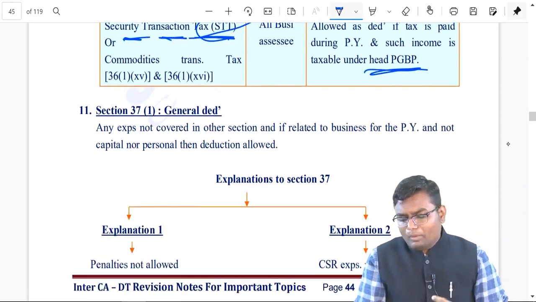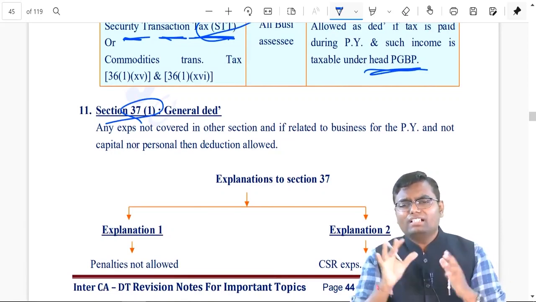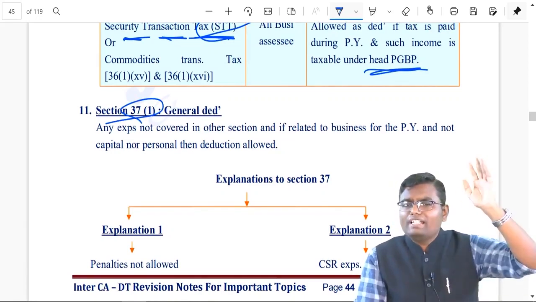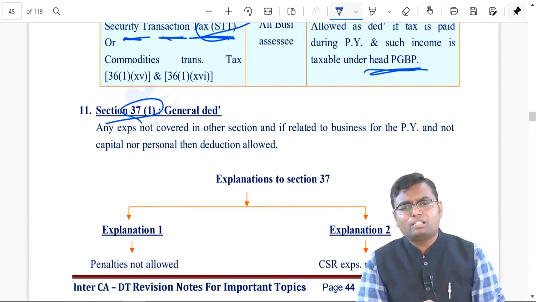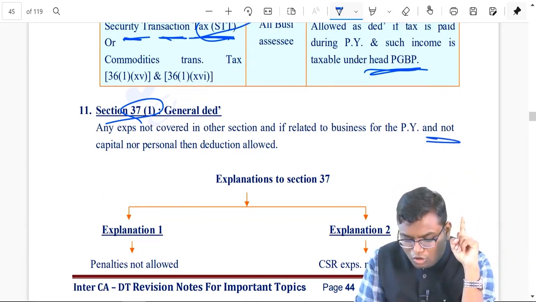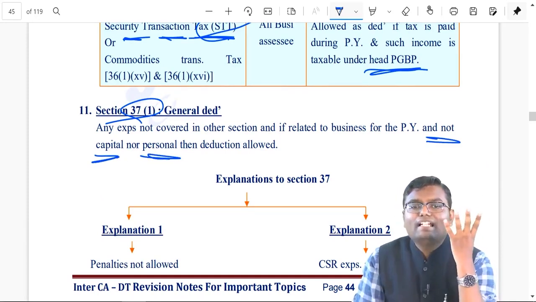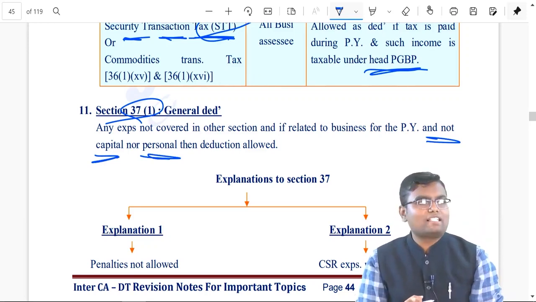In the deduction point, the last point, section 37 subsection 1. Any other deduction which is not covered in any of the following sections which we have done up to now, if it is related to your business, it is not a capital expenditure, it is not a personal expenditure, then you will get deduction under section 37 subsection 1.